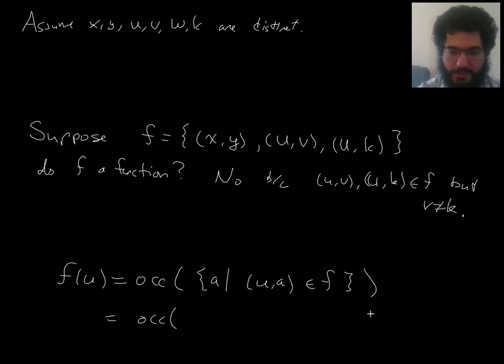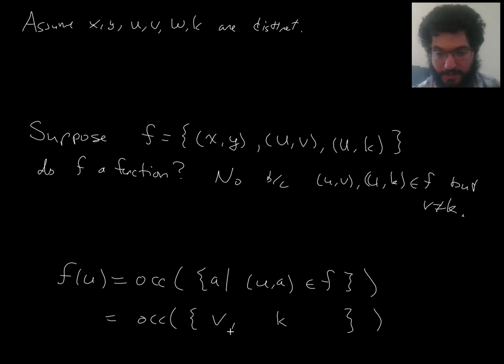Okay, but by inspection, which is not a proof, but just going with our guts on what this looks like it's going to end up being, this set actually consists of two things, v and k. So what's the occupant of this set, which is a doubleton? Now, a doubleton can sometimes be a singleton. Like if v equaled k, then this would be a singleton and there'd be no problem. But I'm in a context where I'm assuming v and k are distinct, right?